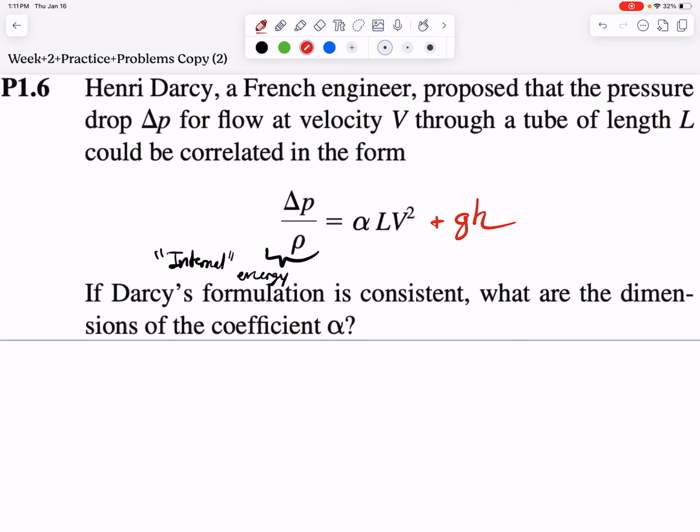The term that I added on here is my gravitational energy. And this new term that looks different, that's our kinetic energy term. So as you can see, this is why it looks familiar to us.